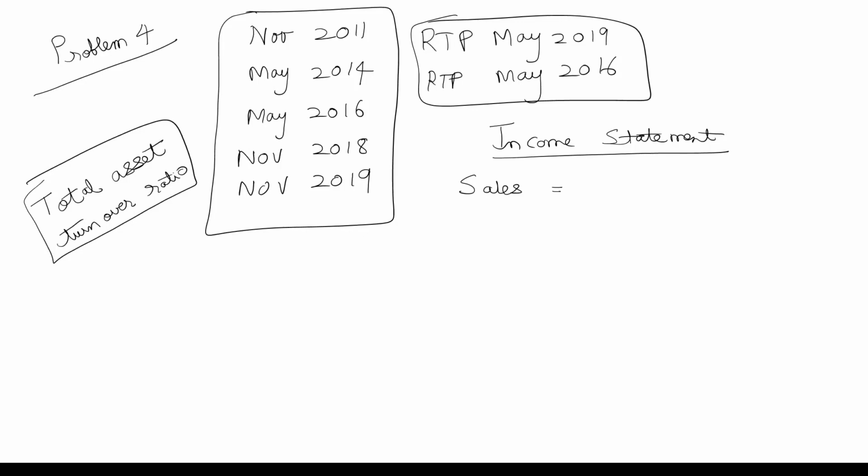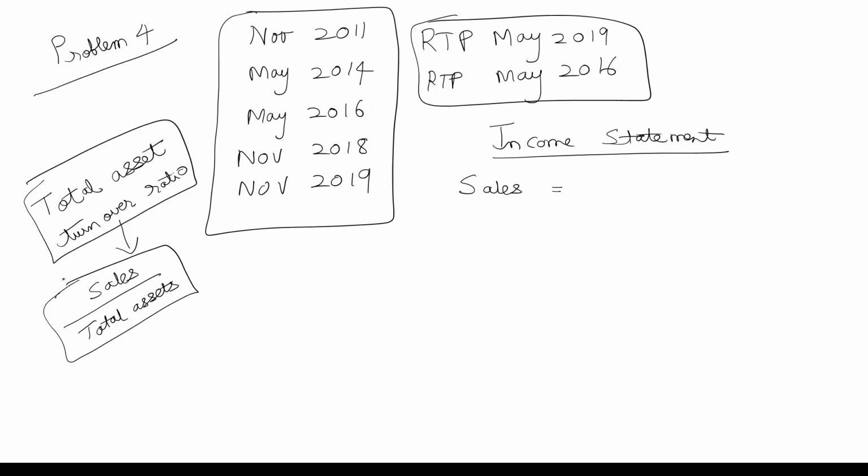This is very similar to the capital turnover ratio that we saw in problem 2. So here also I'm first going to define the ratio and use it to calculate the value of sales. So total assets turnover ratio is defined as sales divided by total assets. When I say total assets, it refers to non-current and current assets.